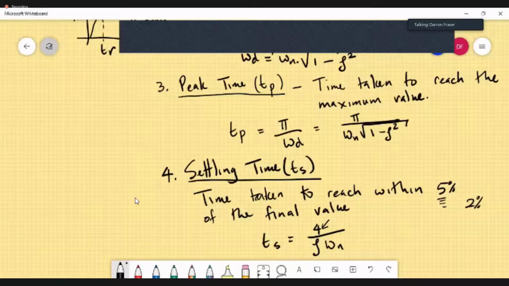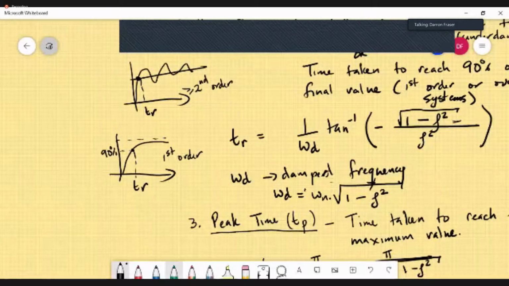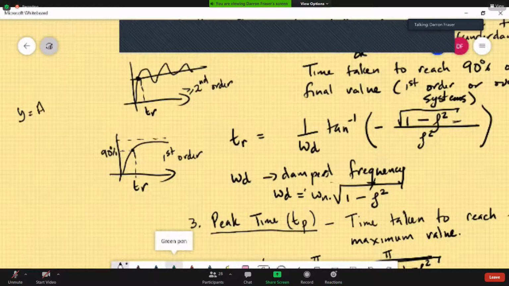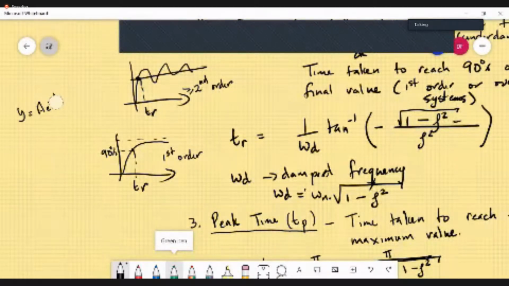Because the response of the system that is oscillatory is y equal to a e to the minus a t sine bt.